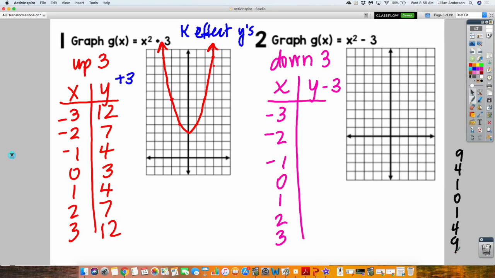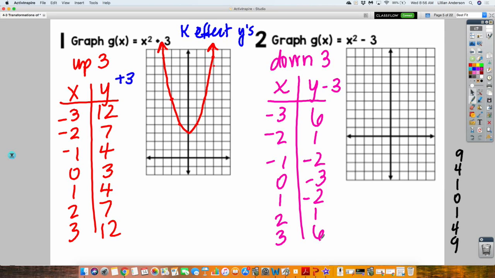What's 9 minus 3? 6. What's 4 minus 3? What's 1 minus 3? What's 0 minus 3? What's 1 minus 3? And it keeps going, okay? 4 minus 3 is 1, and 9 minus 3 is 6. The x will always be those numbers when there's only a k, okay? So let's plot these.